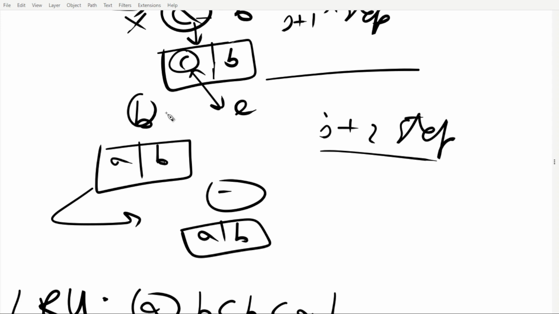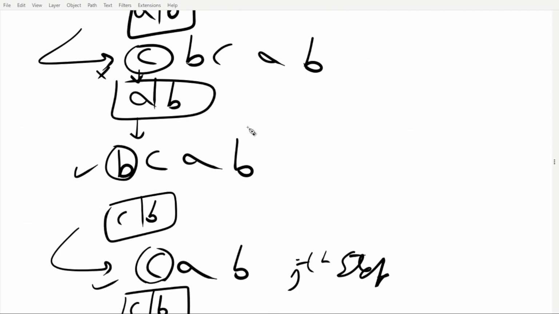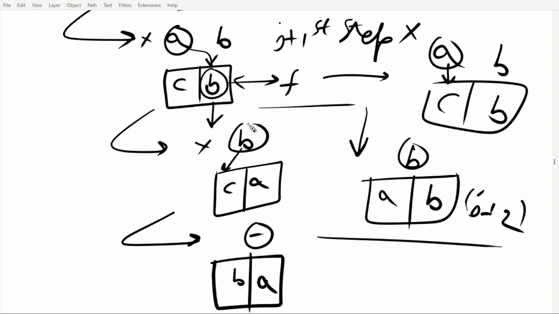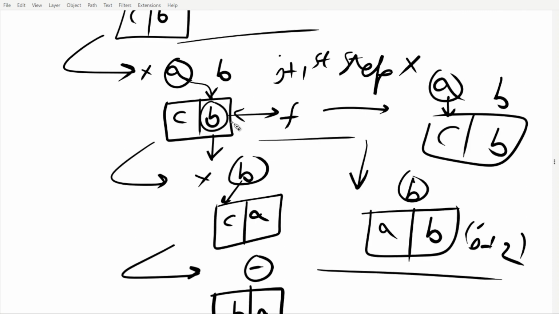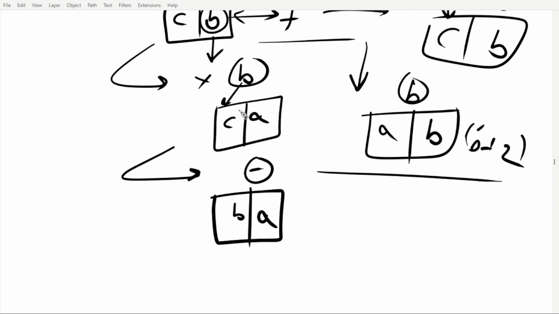So next we have this. Next is B. And what is B? B is our F. So next request is of B. Request to F.